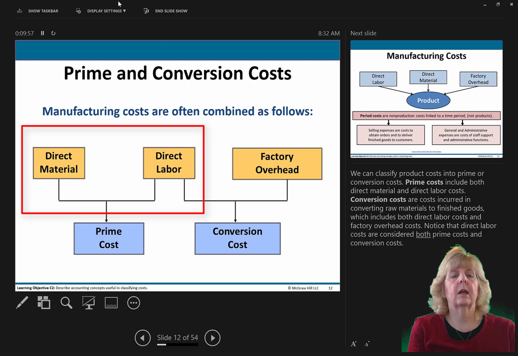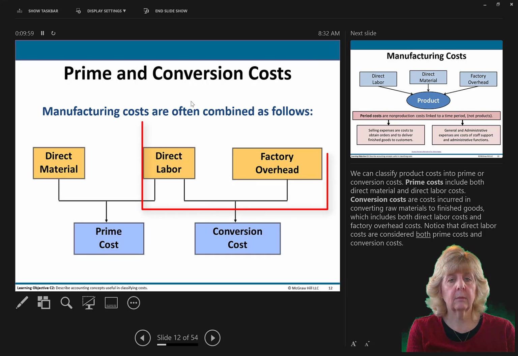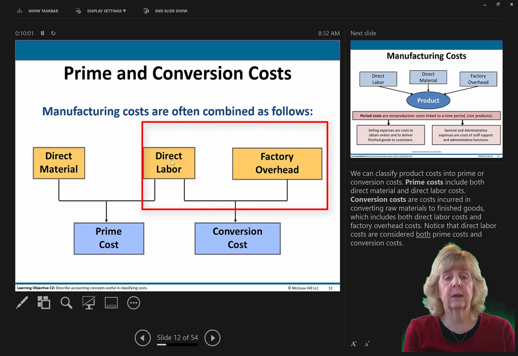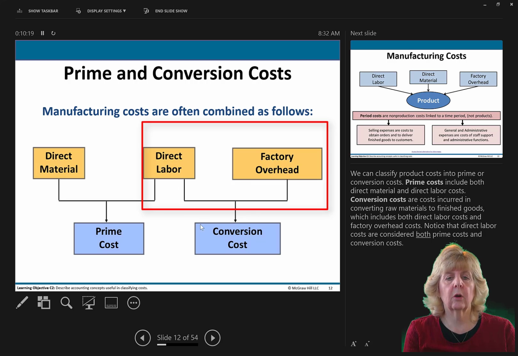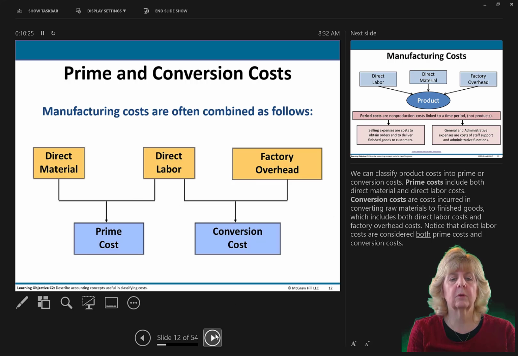On the other hand, conversion costs are the combination of labor and overhead. Another way of thinking about that, it's what it takes to convert the direct materials into a finished product. What does it take? It takes labor and overhead. So the two of those costs together are called conversion costs. That's going to become a key ingredient of chapter 16.